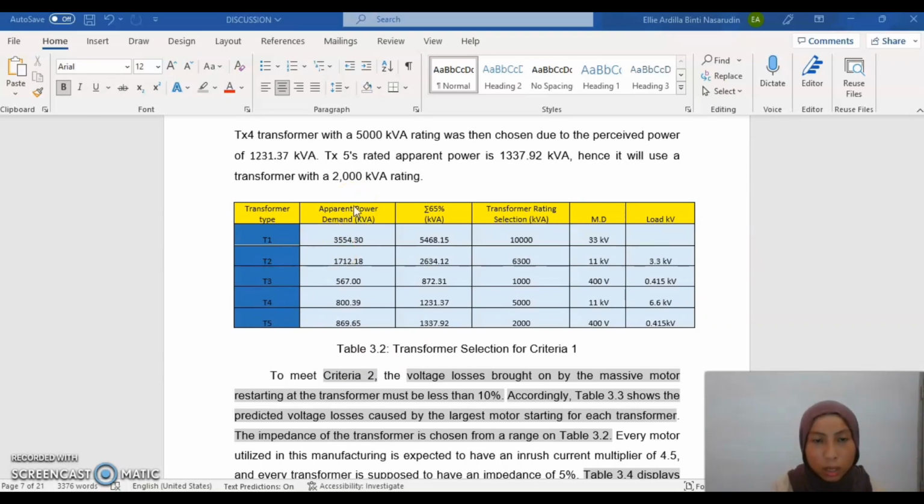And the value of apparent power demand is stated here. And also the rated apparent power after 65% in kVA. And also we have the transformer rating selection for every transformer.